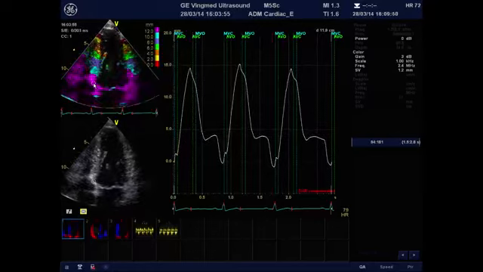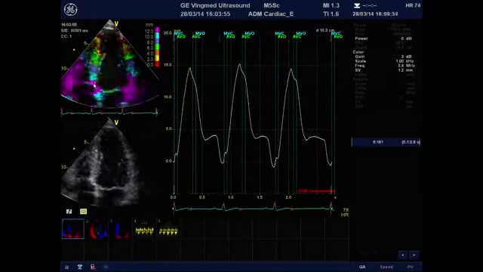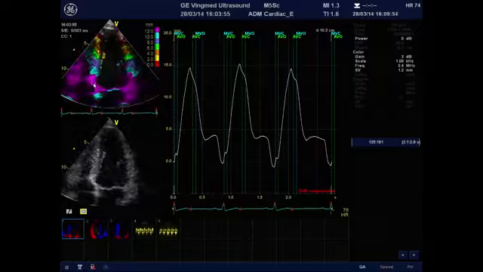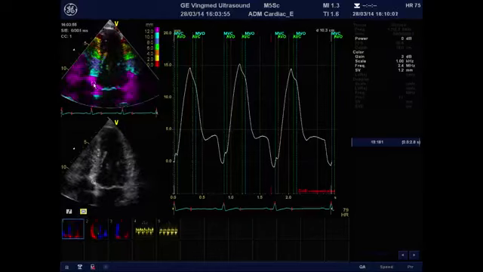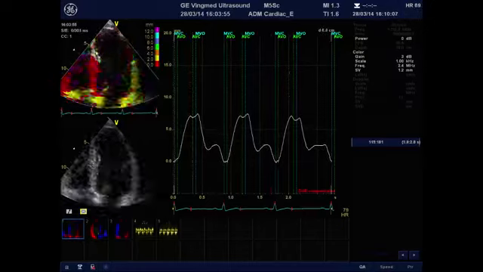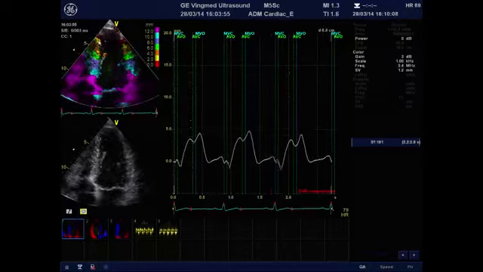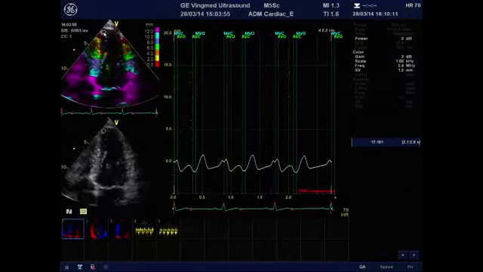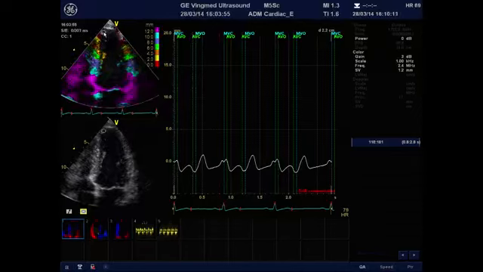This motion curve shows us how the myocardium is moving up and down. This is pretty much the same as what you would get when you would measure an M mode through the valve ring. And if I go up through the wall, you see that also the motion is becoming less and less. This is the normal behavior in a normal heart.